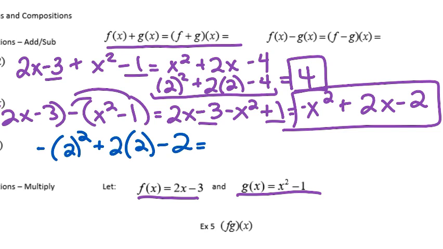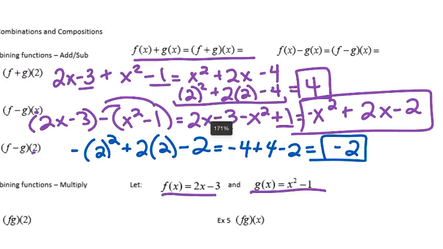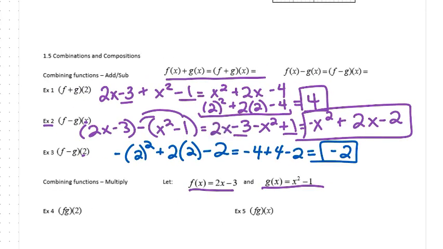So that comes out to a negative 4 plus 4 minus 2, which gives us negative 2. Okay, so see how the (f plus g)(2) is 4, and the (f minus g)(2) is negative 2. Okay, so that is combining our functions with adding and subtracting.